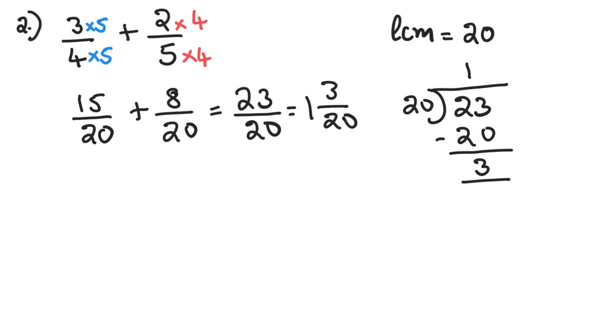So the sum of 3 over 4 plus 2 over 5 is 1 and 3 over 20. So now do you get it how to make the denominators same? You need to find out the least common multiple of the numbers in the denominator. Let's try a few more.